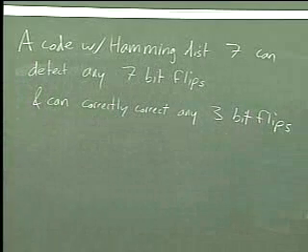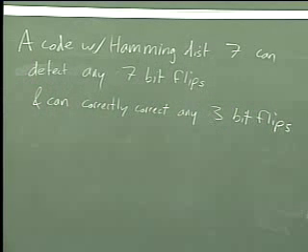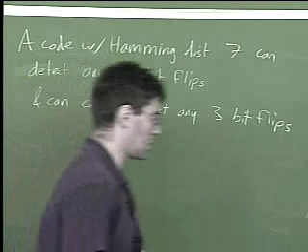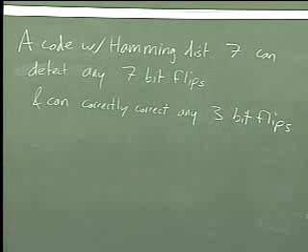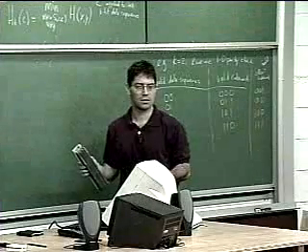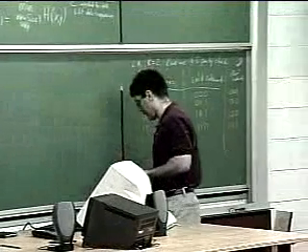So by using this method, you correct any 3-bit flips. I'll show you a graphical proof. Doesn't that seem kind of cool? Do people see why, or not yet? All right, you'll see why in a minute.